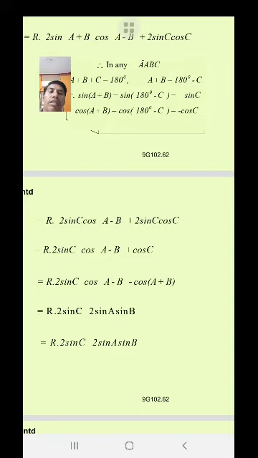Already I explained how cos C equals minus of cos (A plus B), because cos of (A plus B) equals minus cos C, and if you multiply with minus on both sides, then cos C equals minus cos (A plus B). So cos C is replaced with minus of cos (A plus B).